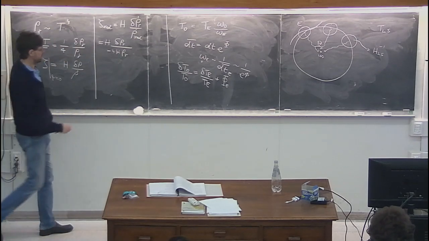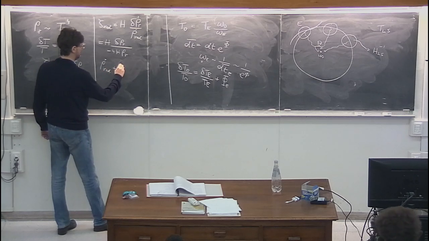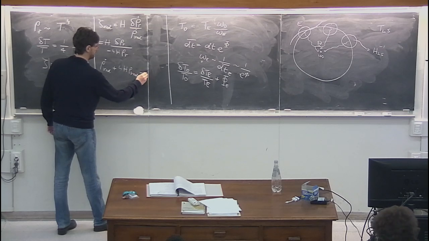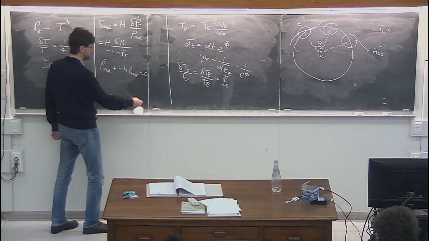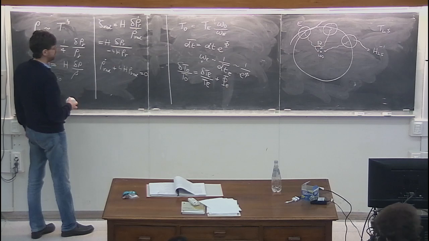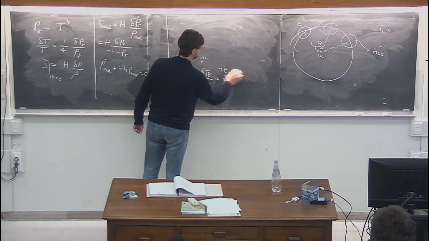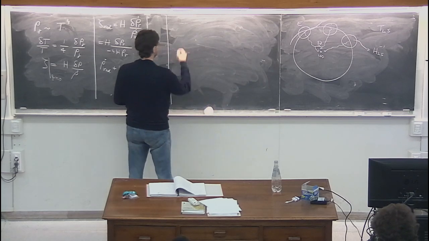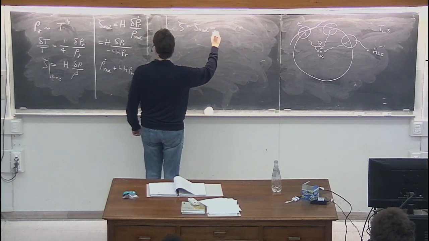Remember that rho dot radiation plus 4H rho radiation is equal to 0, because here you should have p plus rho, but p is rho over 3. You sum it up, you cancel the 3, and you get the 4. Okay? So this is the relation. On the other side, zeta is constant, and therefore this is also true, so that this zeta is equal to zeta radiation.